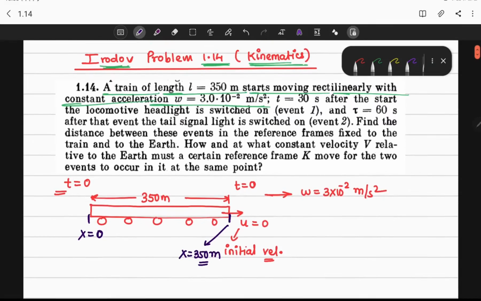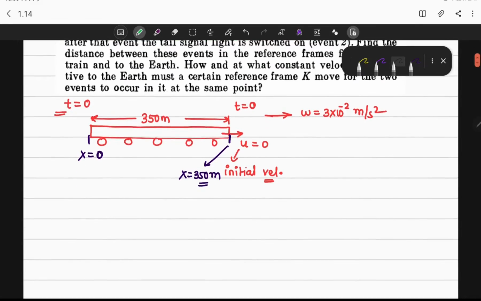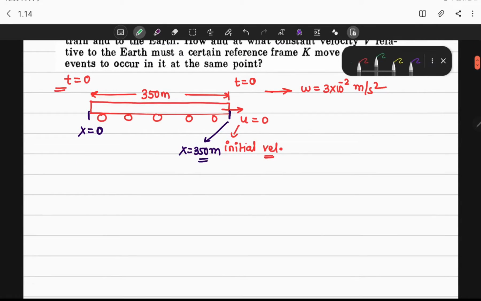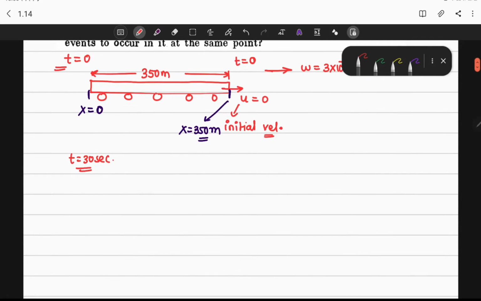Now after time t equal to 30 seconds, the locomotive headlight is switched on, that is called event 1. So let us draw the configuration at t equal to 30 seconds. After 30 seconds, the train has moved by a certain distance, so let us say it has reached this particular location.